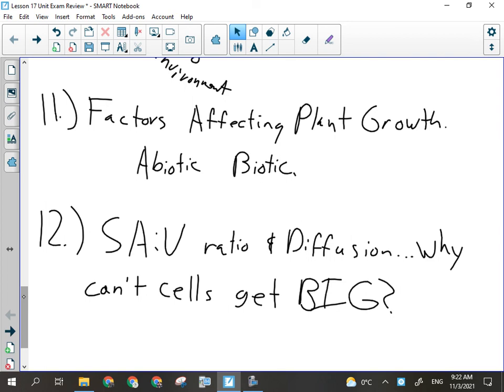That's the big 3. One of those 3 questions also involves cell size, surface area. And then one about plant growth and development.